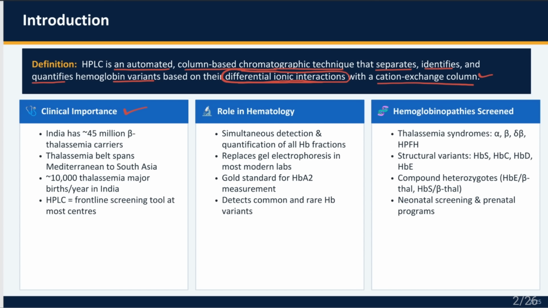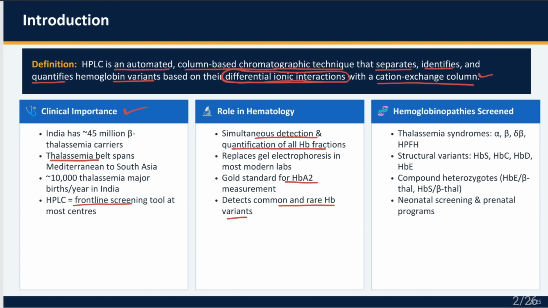So this technique is a very important tool for frontline screening in case of thalassemia, and it is also useful for simultaneous detection and quantification of all hemoglobin fractions. Mainly it is a gold standard for detection of HbA2, and it also helps in detection of different common and rare hemoglobin variants.